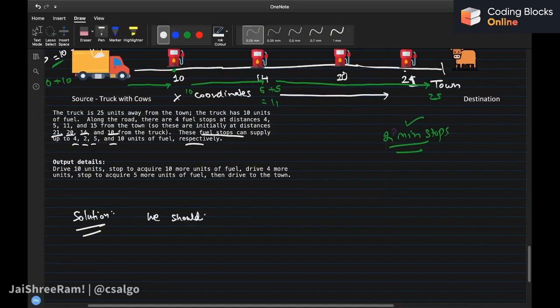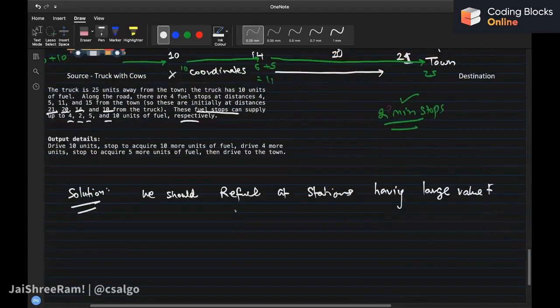Okay, if we want to minimize the total number of stops, we should refuel at stations having large fuel, large value of F. So that gives us a hint we need some kind of sorting.